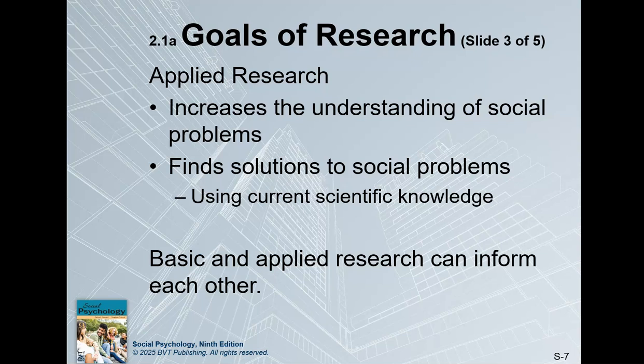Applied research, on the other hand, increases the understanding of specific social problems. And then you see at the bottom of the slide here, it says basic and applied research can inform each other. They are interactive.